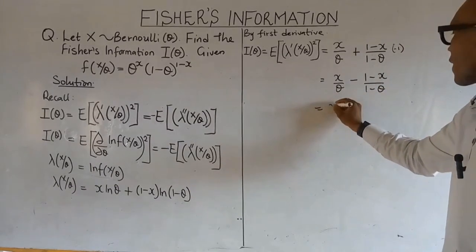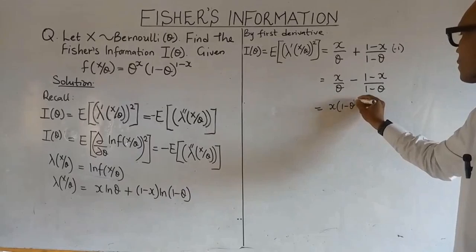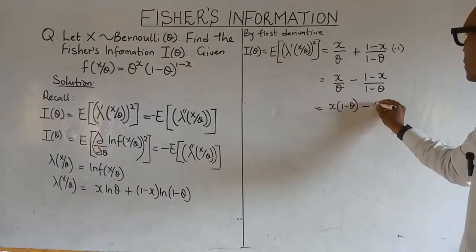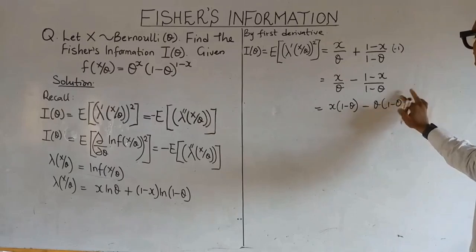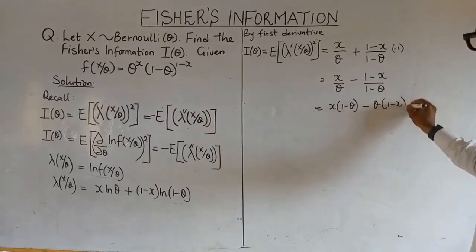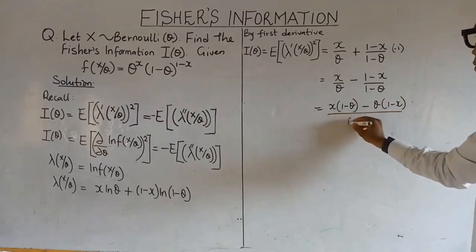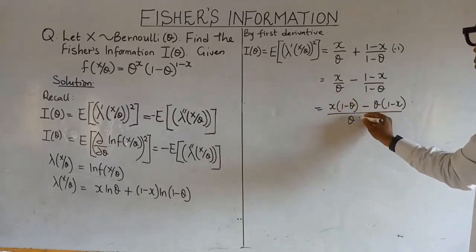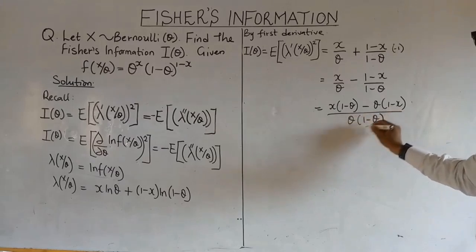So we cross multiply to give us x times 1 minus theta minus theta times 1 minus x, all over theta times 1 minus theta.